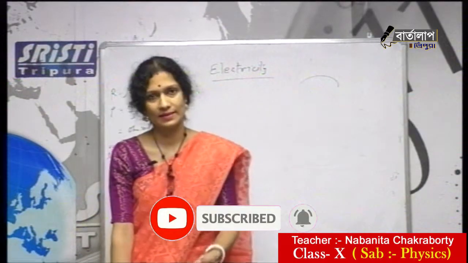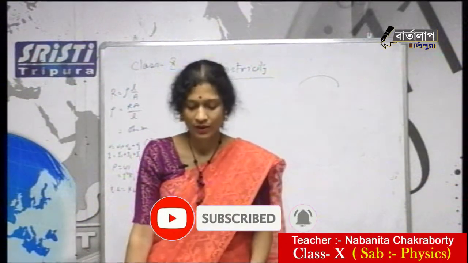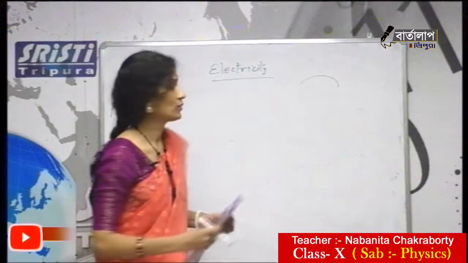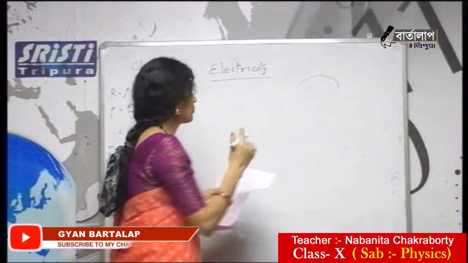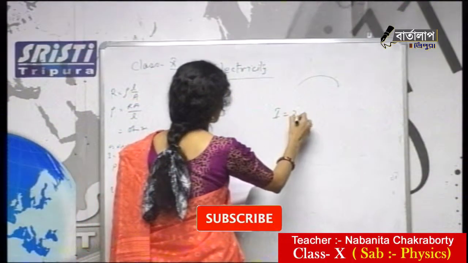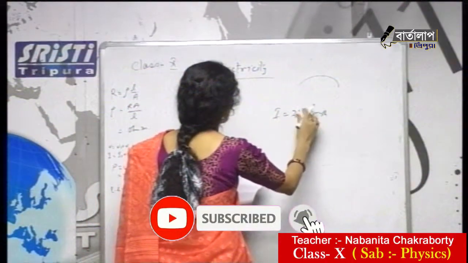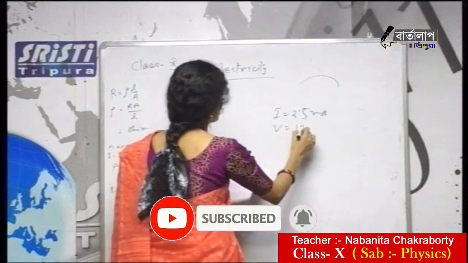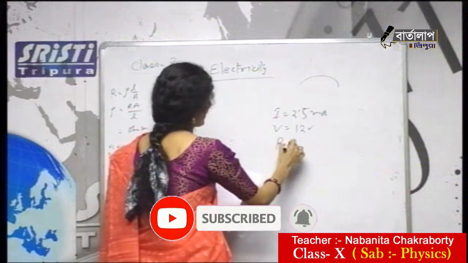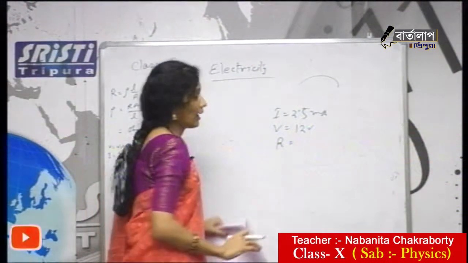It is the same in a numerical example. Given that when a 12 volt battery is connected across an unknown resistor, there is a current of 2.5 milliampere. That means I equals 2.5 milliampere, and V equals 12 volt. I have to find the value of R.